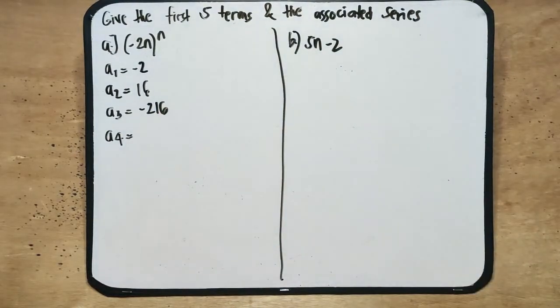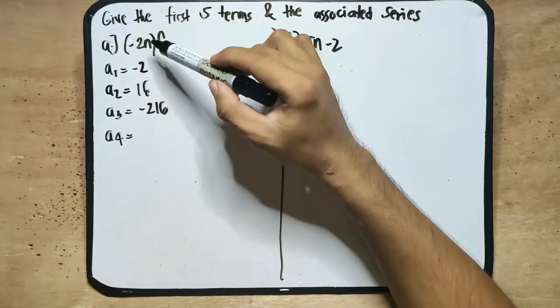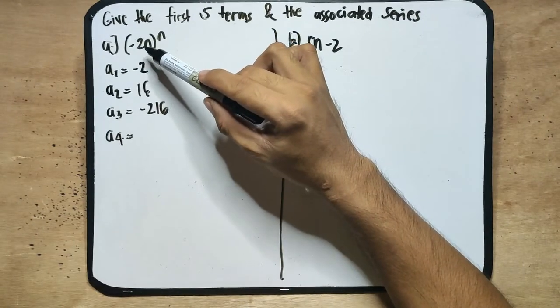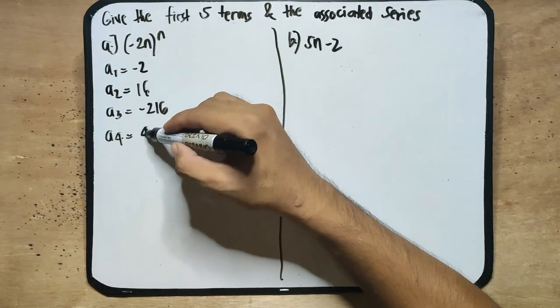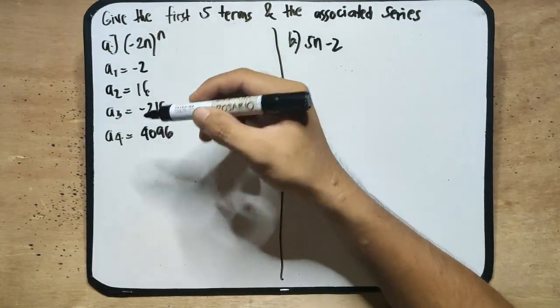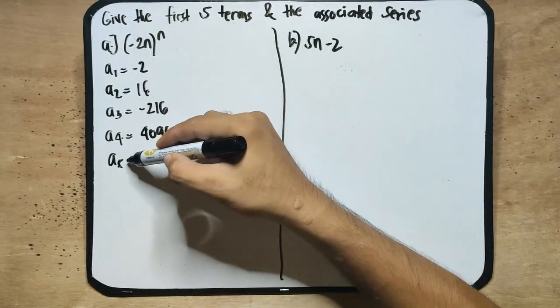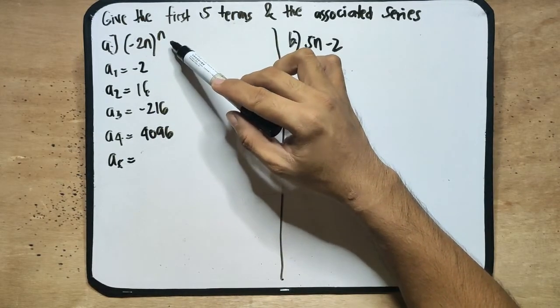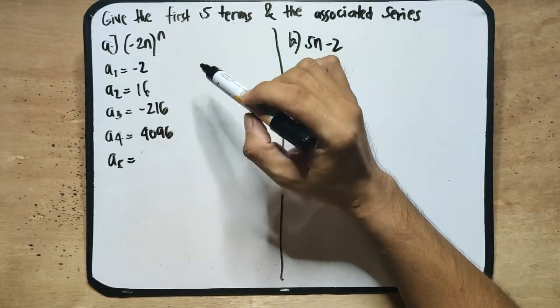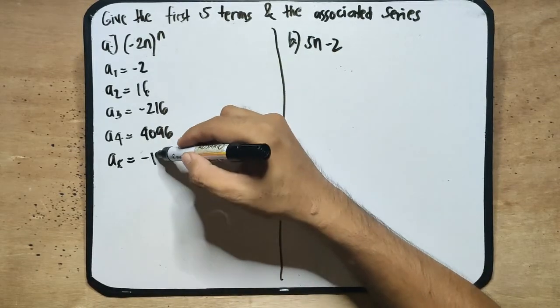If n is 4, we have 4 times negative 2 is negative 8, negative 8 raised to 4, that is 4096. And if n is 5, then negative 2 times 5 is negative 10. Negative 10 raised to 5, that is negative 100,000.